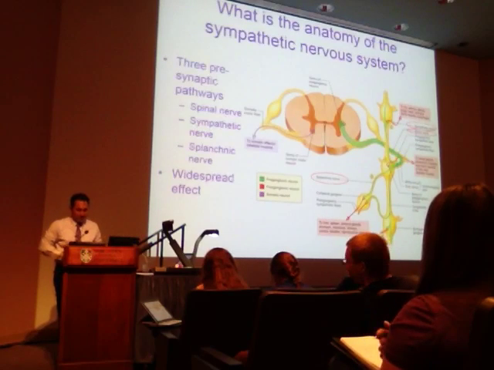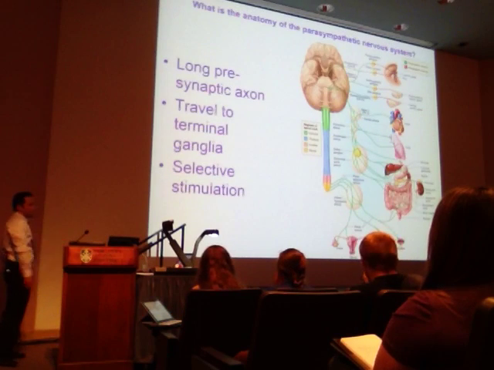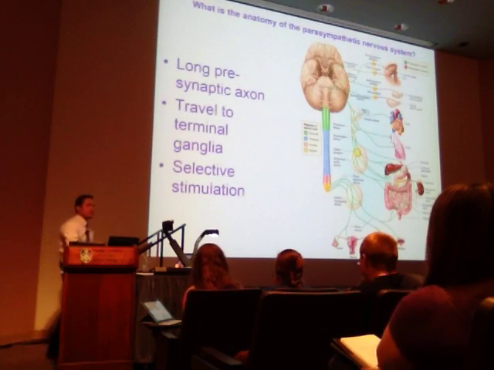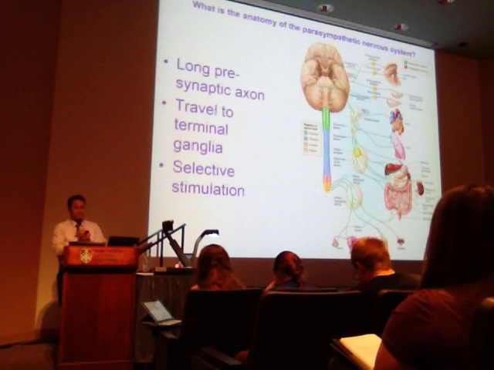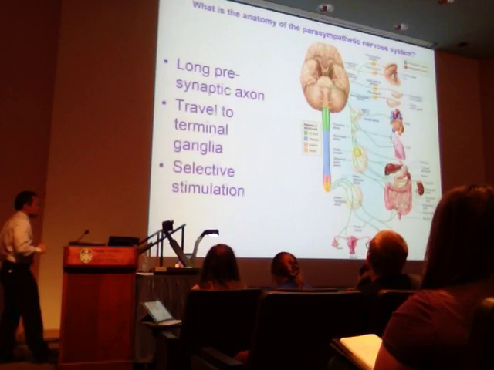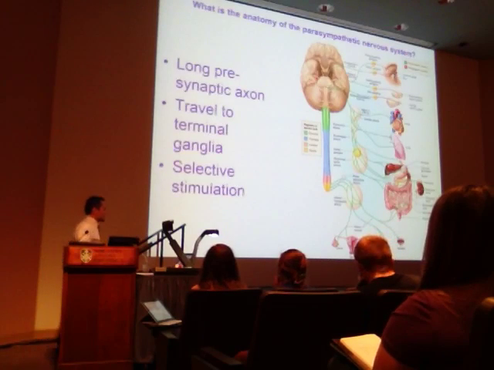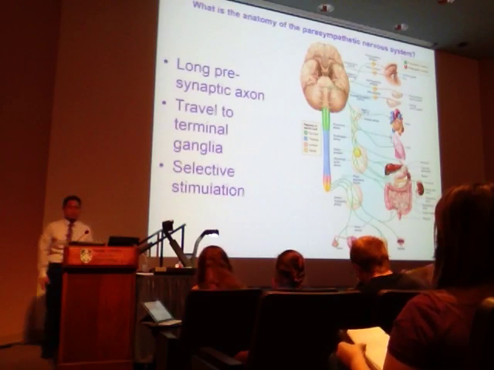Now, if we look at further organizational features of the sympathetic and parasympathetic nervous system, we're going to see the parasympathetic nervous system is characterized by this long presynaptic axon. And I'm going to show you some pictures later.